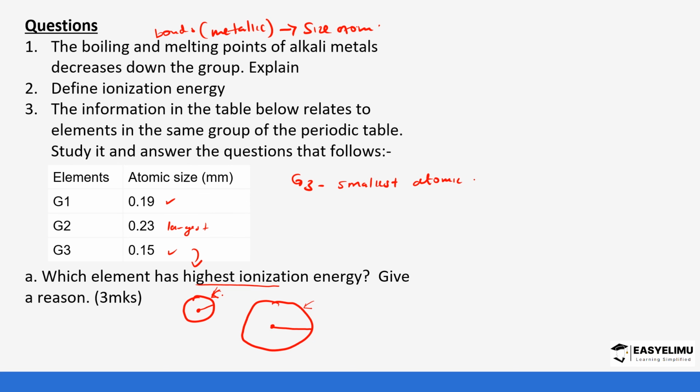So if it has the smallest atomic size, it has the highest nuclear attraction to the outermost electron.